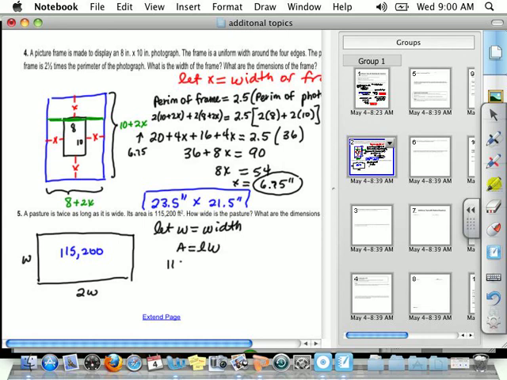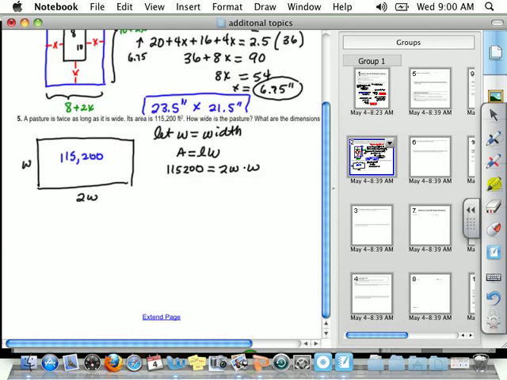So my area was 115,200. My length was 2w, and my width was w. So I get 2w squared equals 115,200. Divide by 2. What do you guys get when you divide by 2?